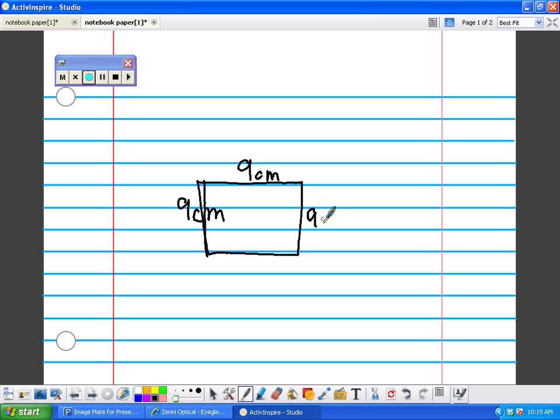Length times width. Okay, how am I going to do that? Length times width. Put your X in the middle or on the corner. Good. 9 times 9 is 81 centimeters squared. Awesome job. This is pretty easy, isn't it?